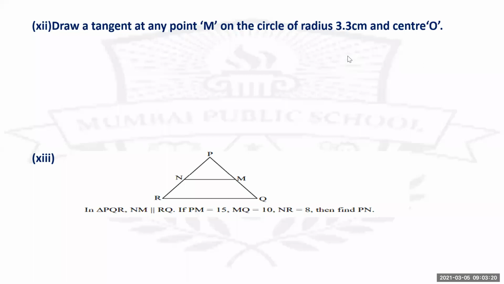After that you'll name it, take the center as O, which is already given to you. After that, you will take any point M on the circle.